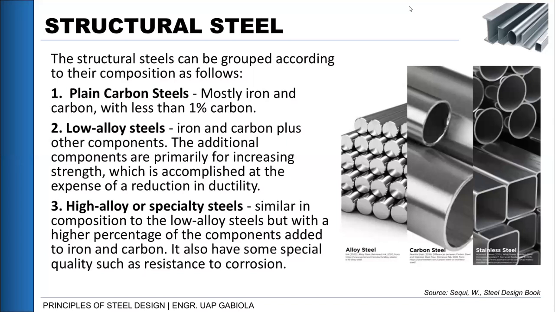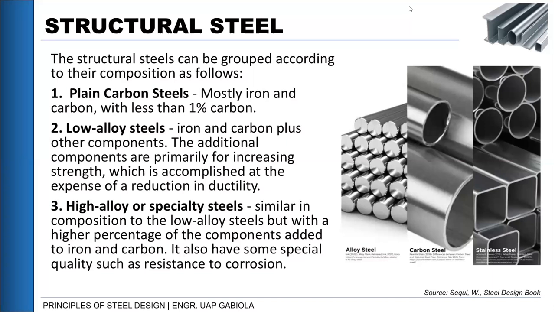Wherein yung ductility is yung capacity and property ng material natin to sustain very long deformation. And when it comes to steel, if ductility is compromised, it is not a very good material or it will not perform better, no? So that's why they limit it onto less than 1% lang yung carbon.